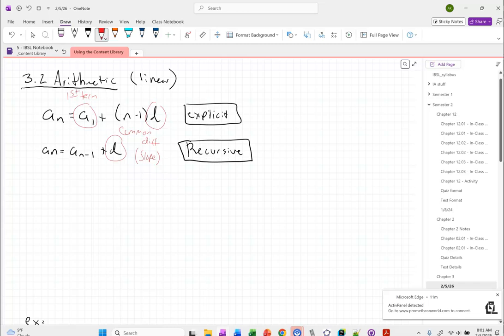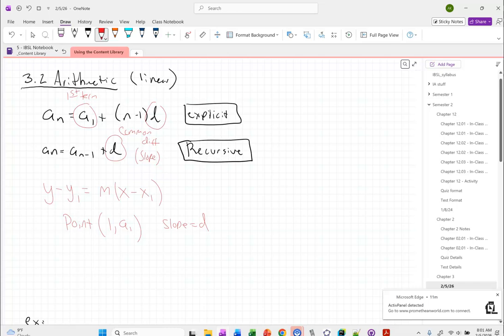Because if I look at this explicit formula for an arithmetic sequence, you know what this reminds me of? A point-slope equation for a line where my point is 1 comma a sub 1 and my slope is d, right?